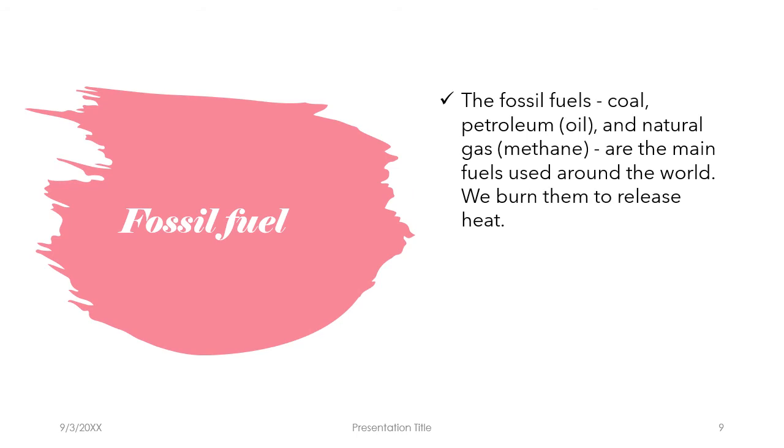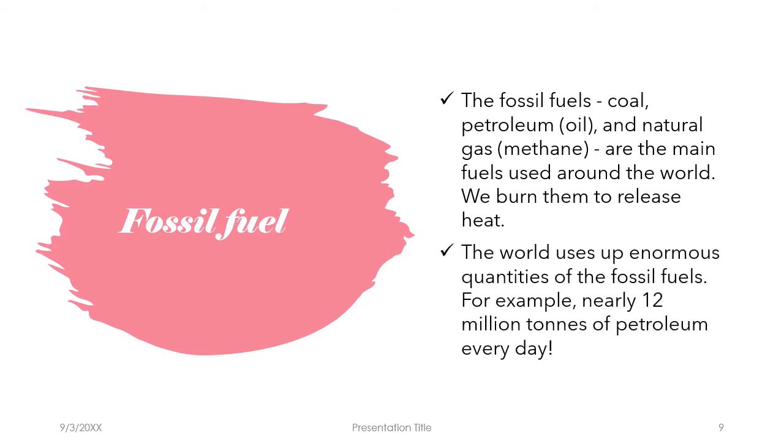Fossil fuel ni dia contoh-contoh ada coal, petroleum, natural gas contohnya methane. It is the main fuel used around the world. So we burn them to release heat energy. The world uses up enormous quantities of fossil fuel, for example, nearly 12 million tons of petroleum every day.